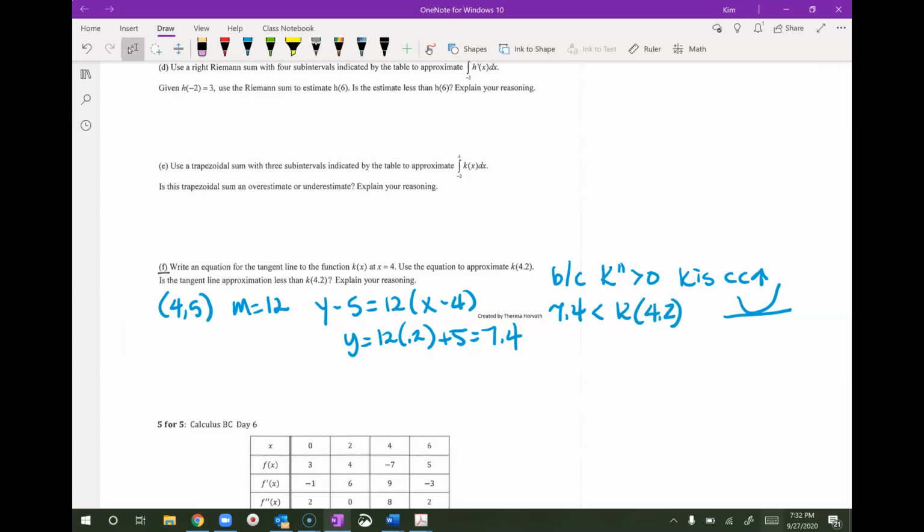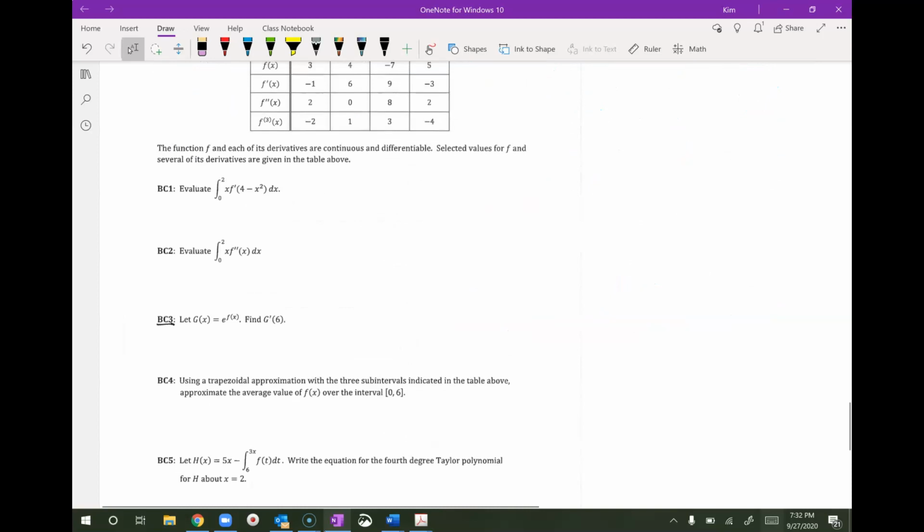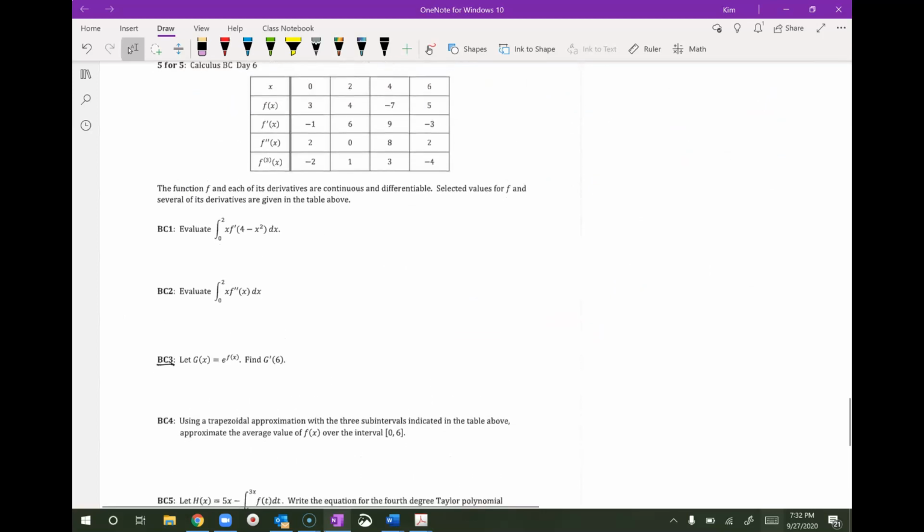All right, and then I think our last question down here is just a chart problem where we're finding the derivative. Again, this could have been on your last test. G prime of x is e to the f of x times f prime of x. There's our chain rule.